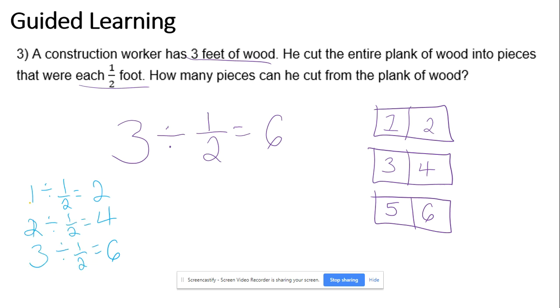Well, if you notice, 1 times 2 gets us 2. And 2 times 2 gets us 4. 3 times 2 gets us 6. So if you multiply your whole number times your denominator, you get your answer. Whole number times the denominator gets us our whole answer. Just make sure that you're reading the question to know if you're supposed to be answering as a fraction or a whole number.